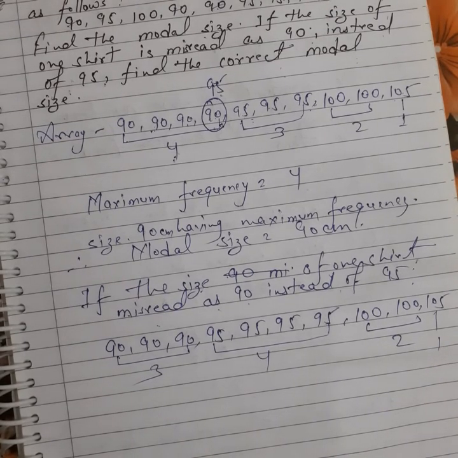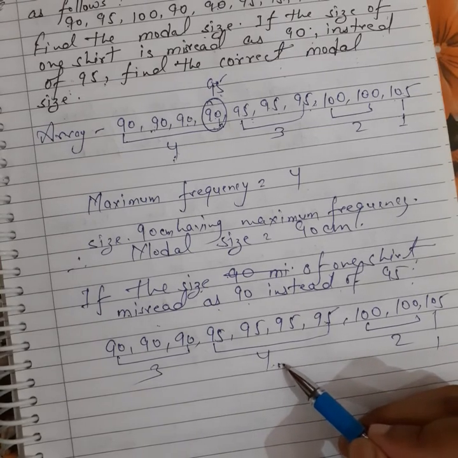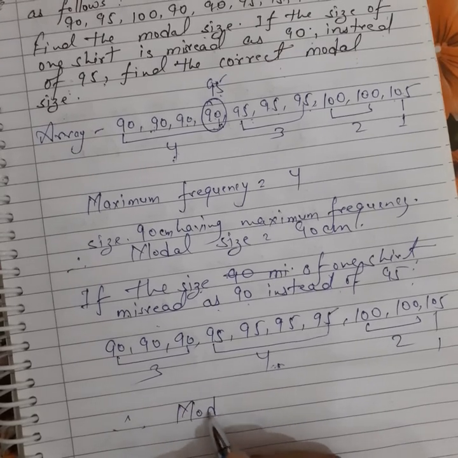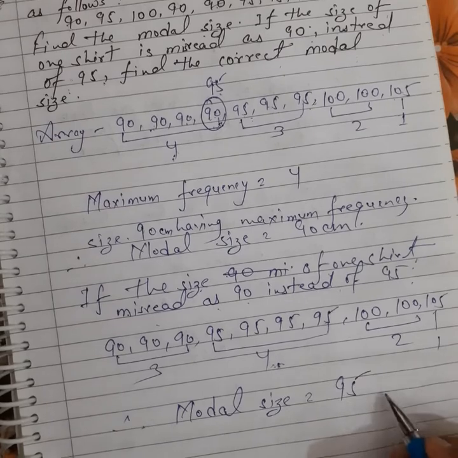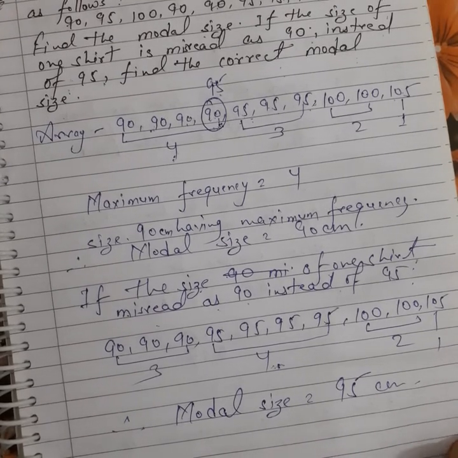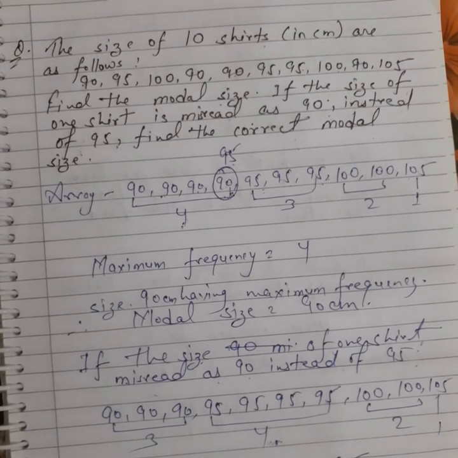Which size has maximum frequency? 95. Therefore, modal size is equal to 95 centimeter. Okay? Hope you all understand. That's all for today. Take care and have a nice day.